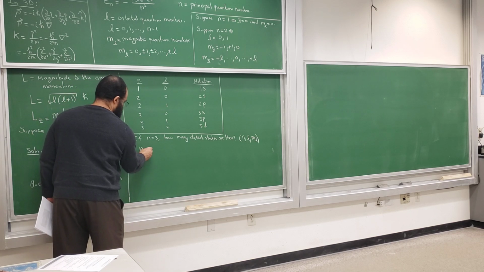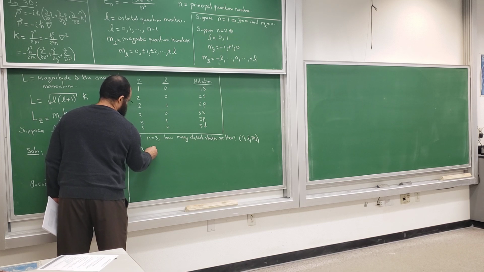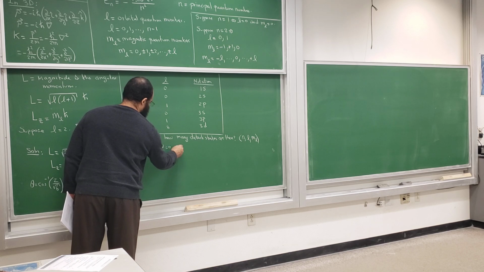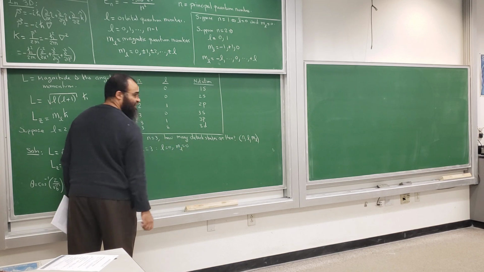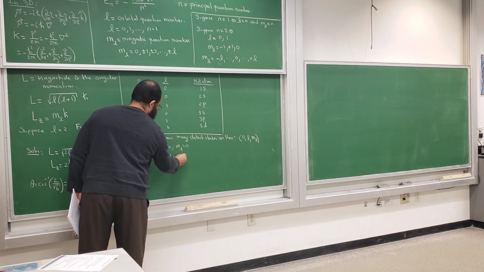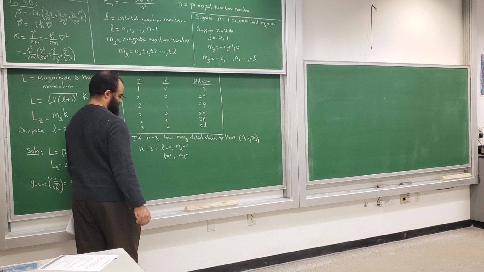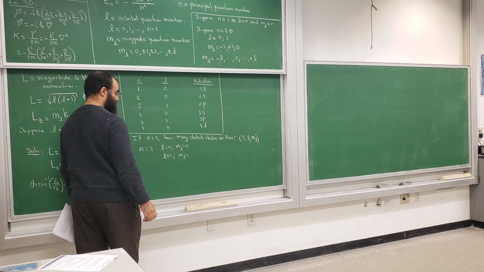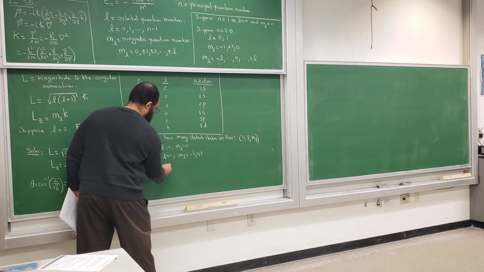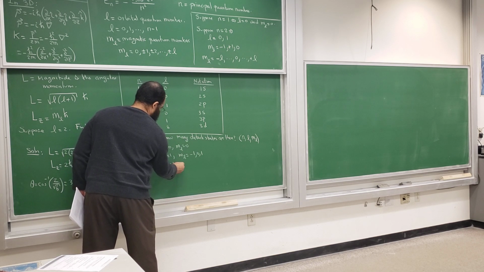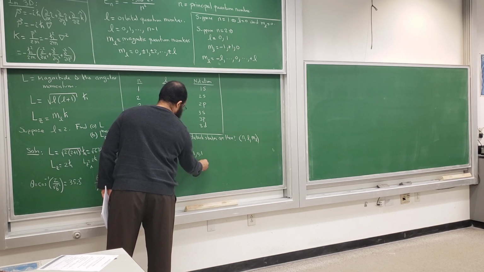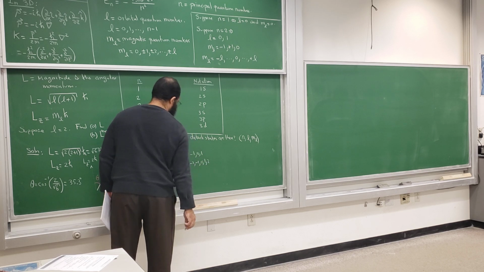So n is 3. And for this state, you can have l equal to 0, in which case m_l is also equal to 0, right? You can have l equal to 1, in which case m_l could be what? Yeah, -1, 0, and 1. Or you can have l equal to 2, and in that case m_l is -2, -1, 0, 1, 2.